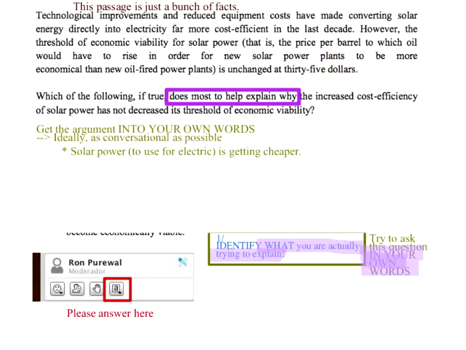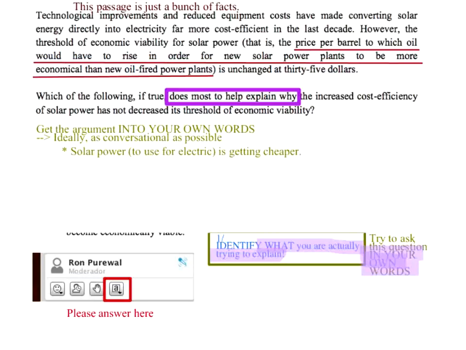Now, this is a little bit weird right here, and this thing is a perfect illustration of why you have to put these things in your own words, because this is just like, what in the world is going on right now?